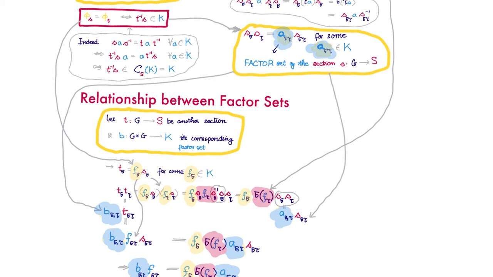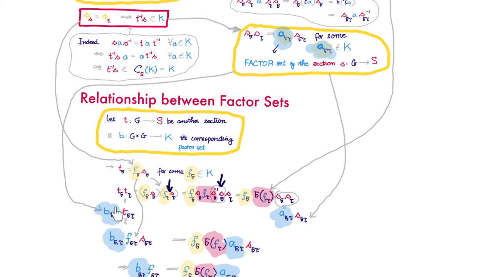Thus now we have two ways of computing T sigma T tau. One way is via this identity. We replace T sigma with F sigma S sigma, and then T tau with F tau S tau. And another way is to use the definition of factor set. We know that T sigma T tau and T sigma tau lie in the same fiber over sigma tau, so they are scalar multiples of each other, and by definition, T sigma T tau is just B sigma tau multiplied with T sigma tau.